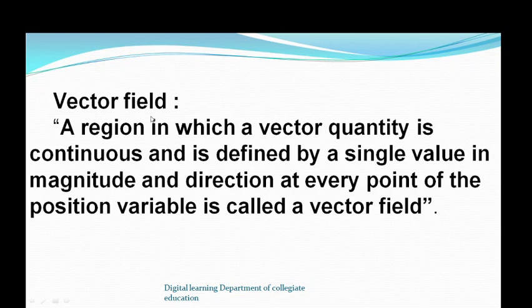Next, we shall discuss the topic vector field. A region in which a vector quantity is continuous and is defined by a single value in magnitude and direction at every point of the position variable is called a vector field.